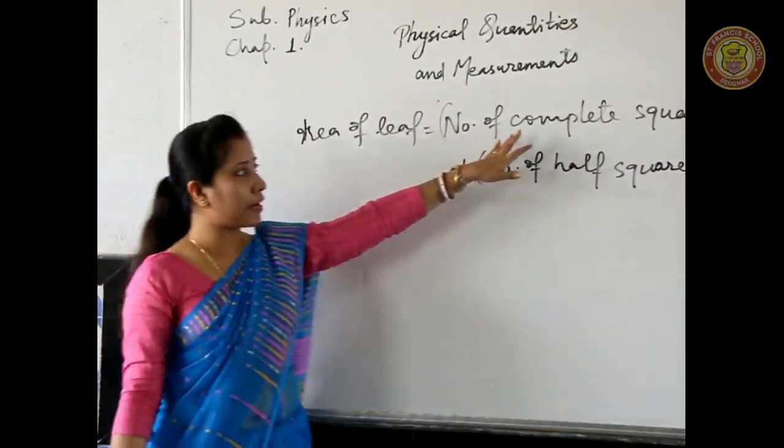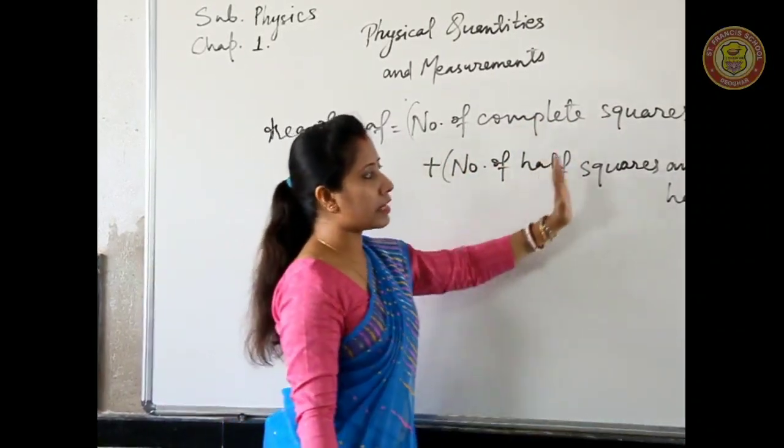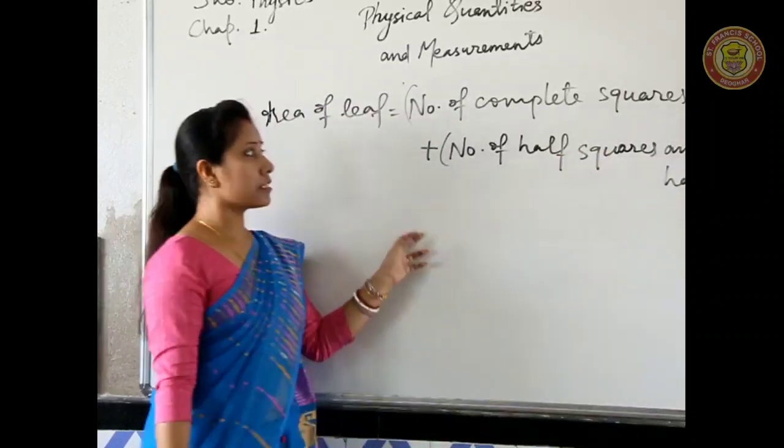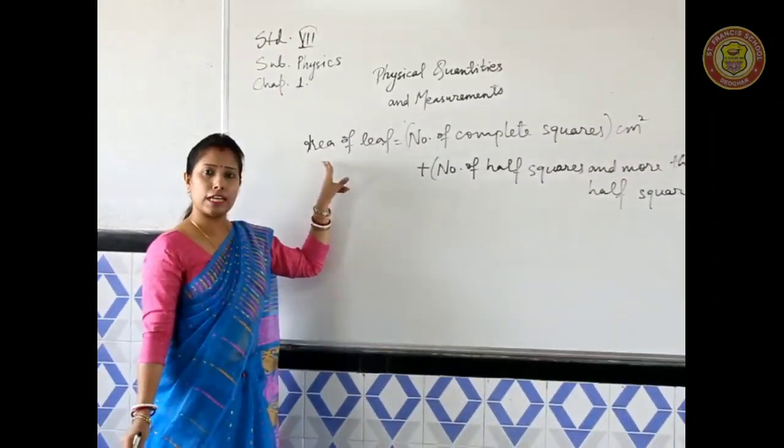So when you write the number of complete squares plus the number of half squares and more than half squares, on adding these two numbers you will get the area of the leaf.